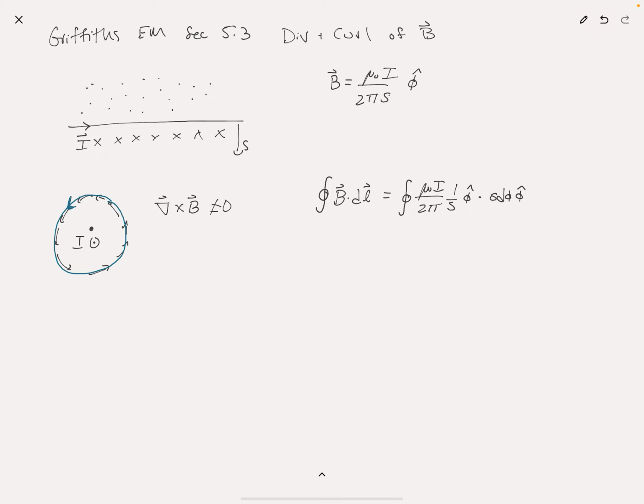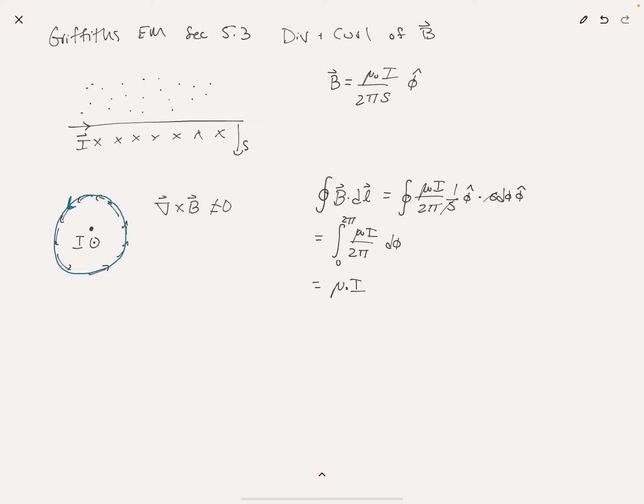Those are the same directions, so the dot product gives me 1, and I'm left doing this whole integral of mu naught I over 2 pi, the s's cancel, over d phi, and that d phi goes for the whole loop, 0 to 2 pi. There's no phi in here, so the integral just gives me 2 pi, and therefore that integral is just mu naught I.